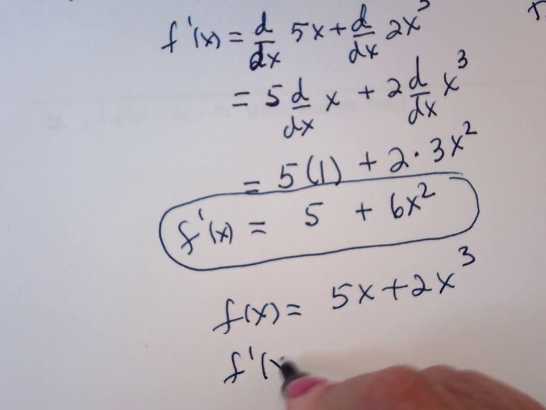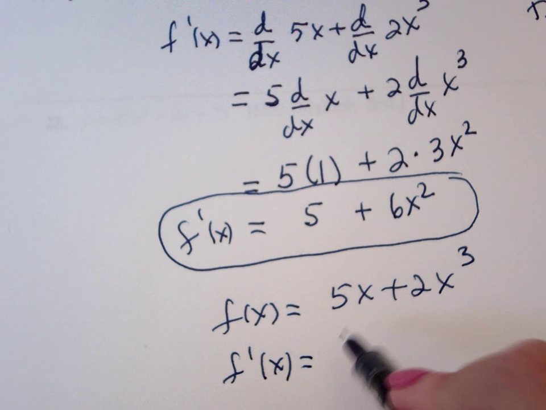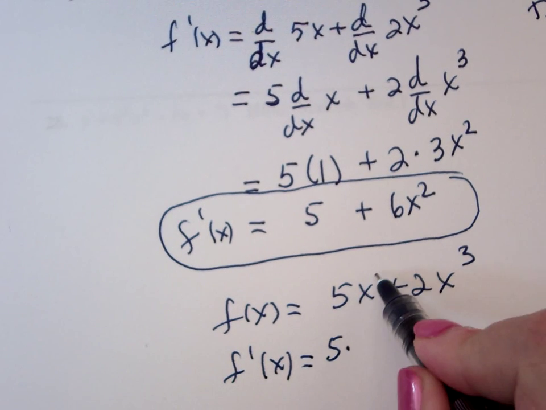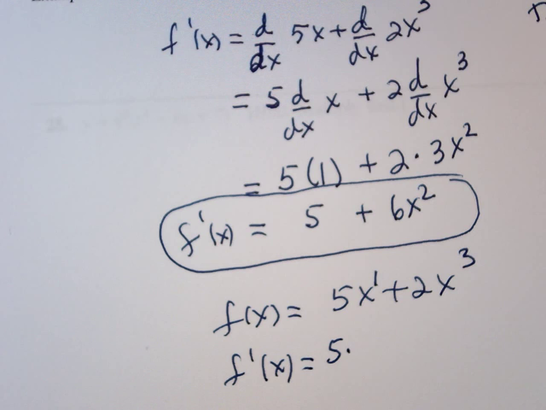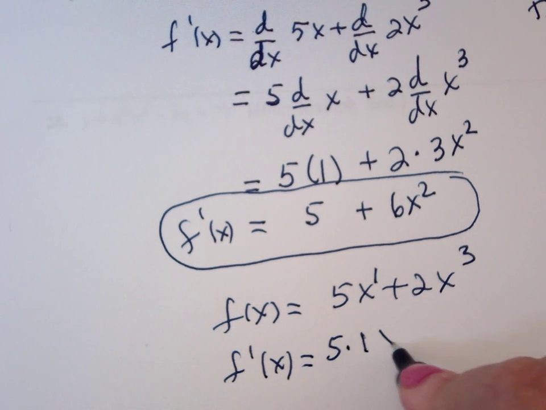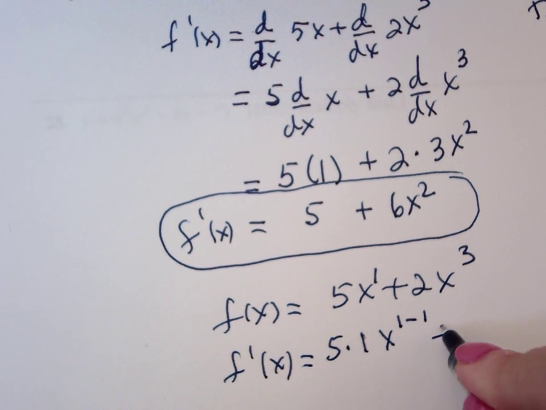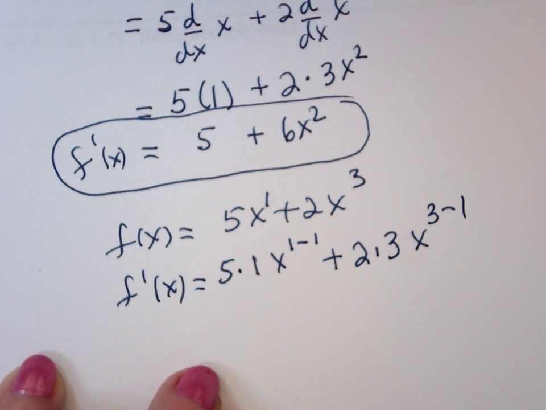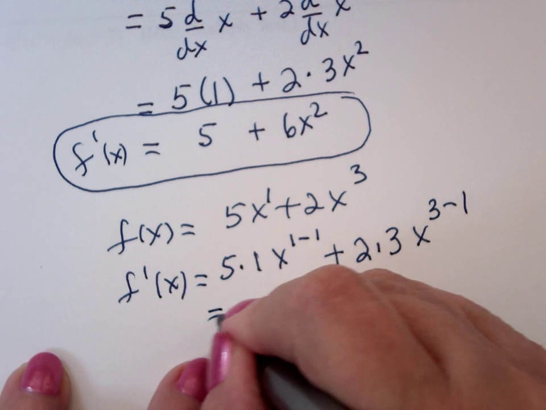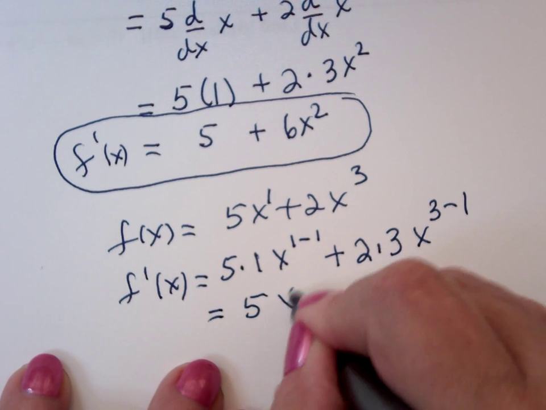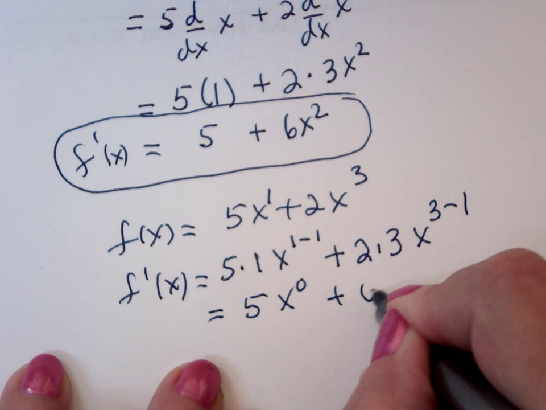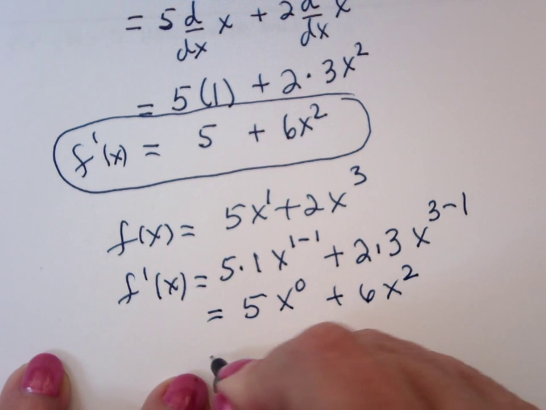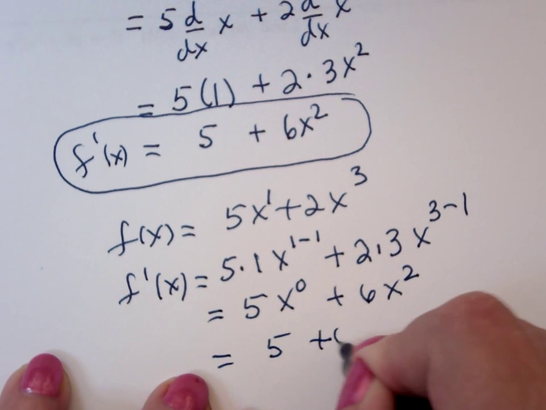f prime of x equals, term by term, 5 times the exponent on x is 1, correct? 1x to the 1 minus 1 plus 2 times the exponent on the x is 3, x to the 3 minus 1, which is 5x to the 0 plus 6x to the 2, which is just 5 plus 6x squared.